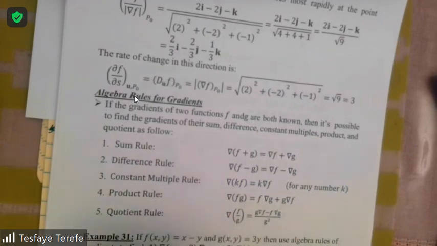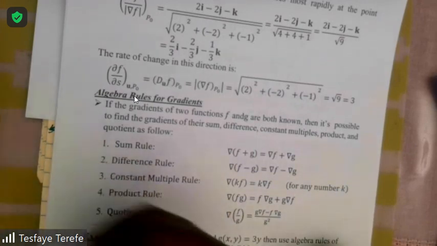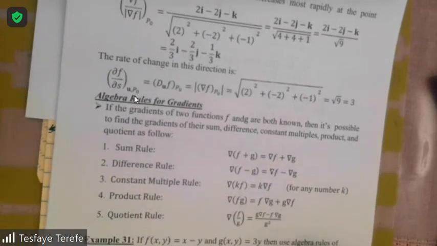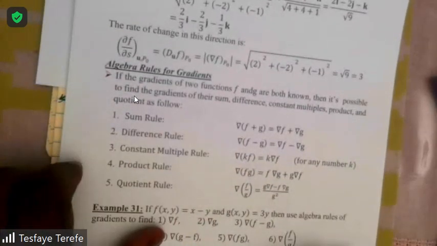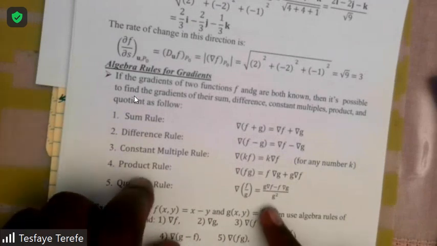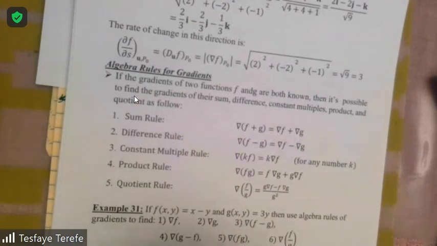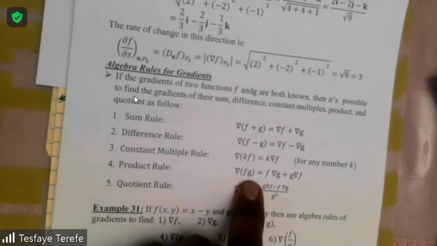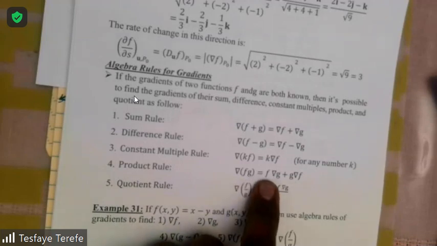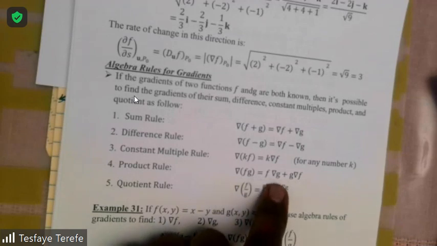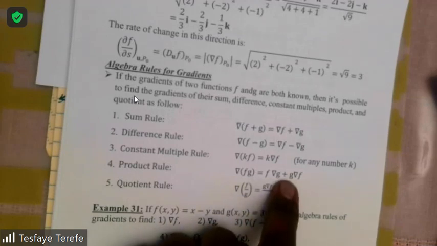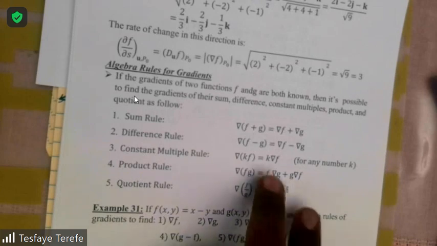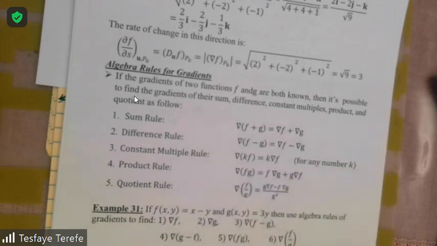If you have a scalar multiple of a function, you take the gradient of the function and multiply by the scalar. The product rule is analogous to the product rule for differentiation, which is the gradient of the product of two functions is the first function multiplied by the gradient of the second plus the second function multiplied by the gradient of the first. The order you can change because of commutativity.